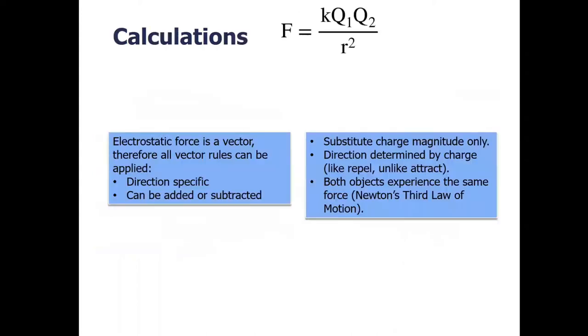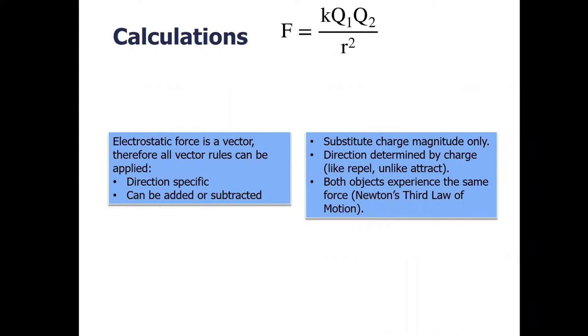Right, guys, when we're substituting in, because the electrostatics vector nature doesn't work the same as our forces vectors, where we've got everything to the right is positive and everything to the left is negative. So therefore, if we get a negative answer, we know it's in which direction. It doesn't quite work that way.